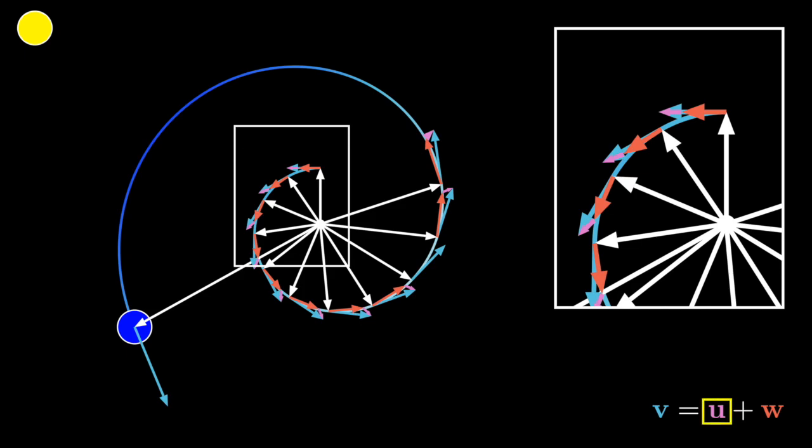One is the blue ball's apparent velocity u from the perspective of the red ball, and the other is the velocity w due to the rotation of the moving platform. As we know, the acceleration a is just dv over dt. So if the total velocity v is u plus w, then a equals du over dt plus dw over dt.